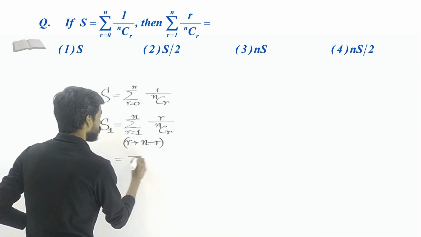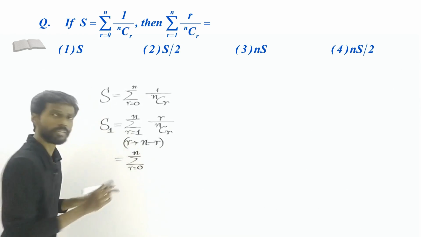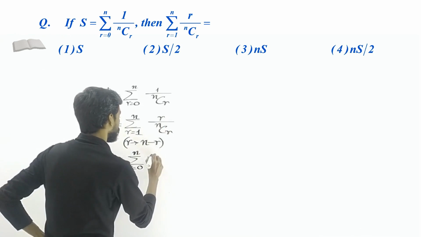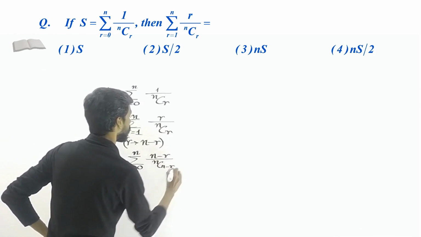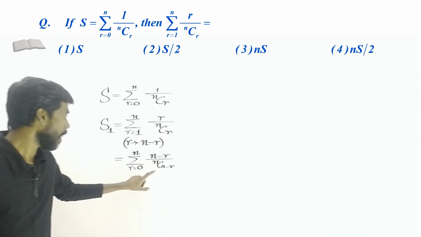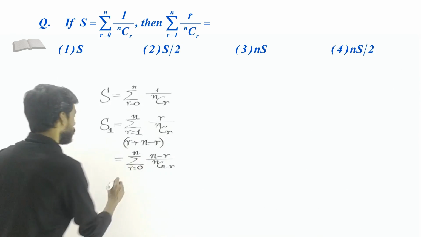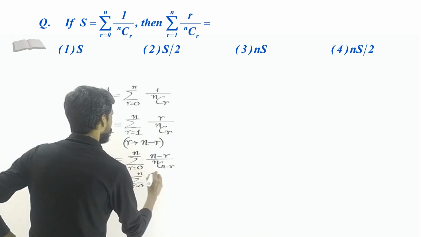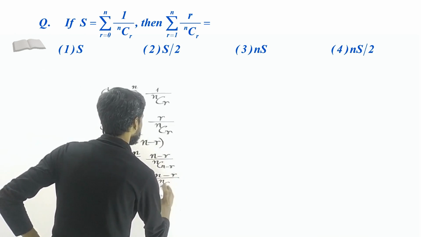So let me write it from 0 to n; it doesn't matter whether from 1 to n or 0 to n, it will give you the same value. Now replace r by n minus r: n minus r divided by nC(n minus r). But nC(n minus r) is the same as nCr, because that is a known property of nCr. So that is sum of r from 0 to n, (n minus r) divided by nCr.